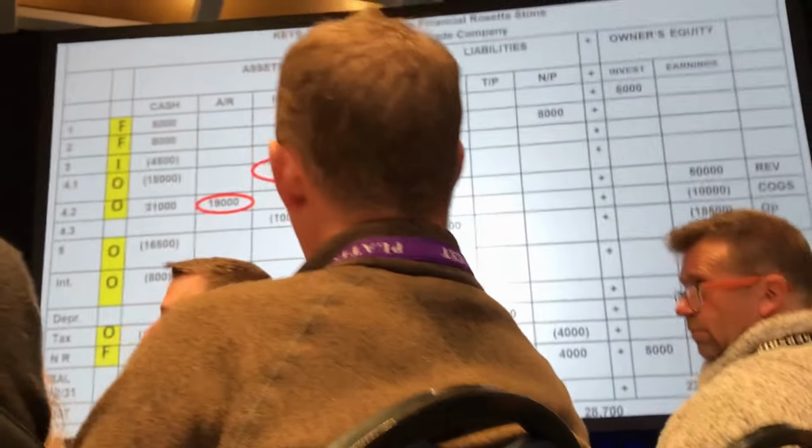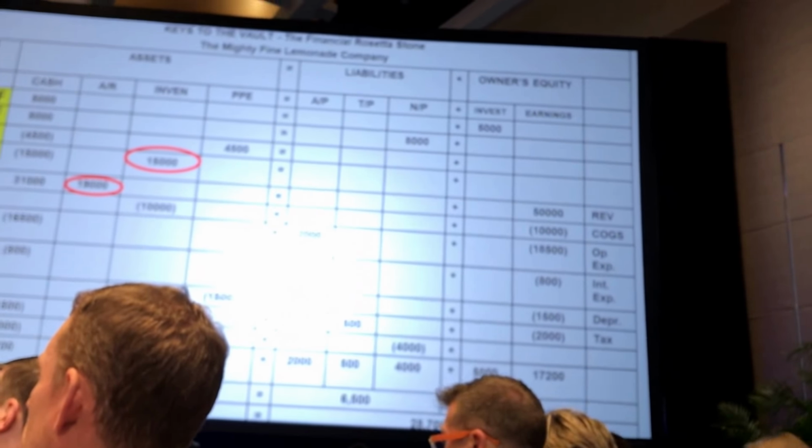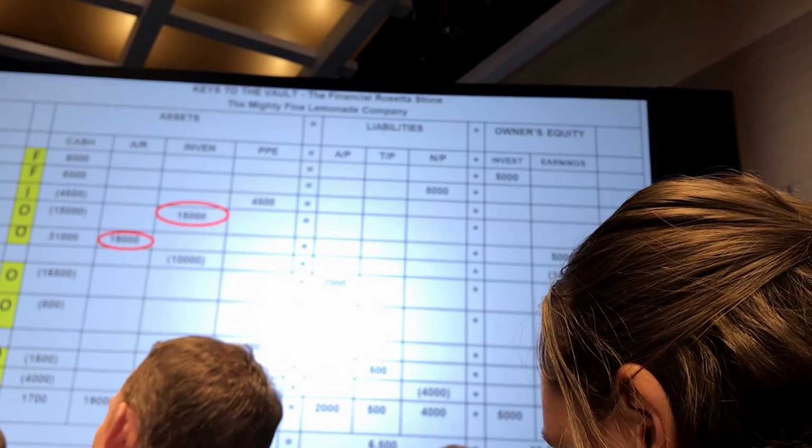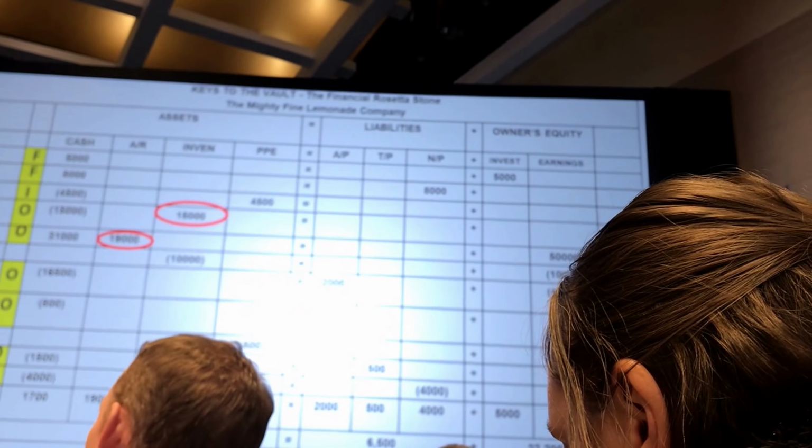So we're going to add to our rules. This is the 3rd rule that you're going to keep in mind. This one's all about accounts payable. When accounts payable go up, that's good for cash.